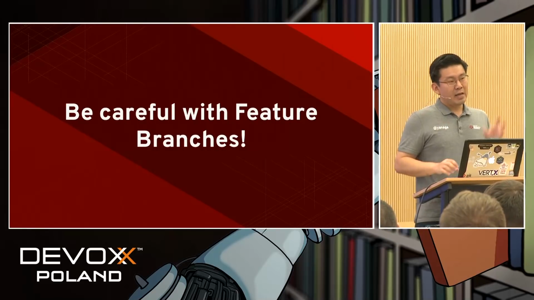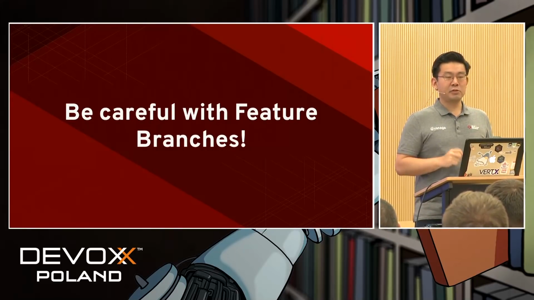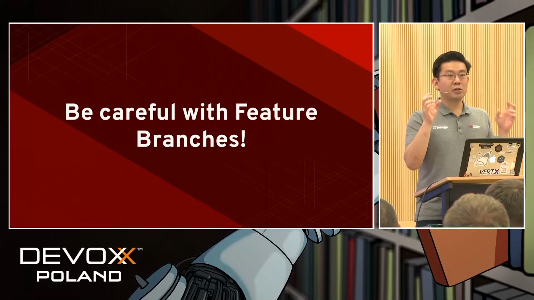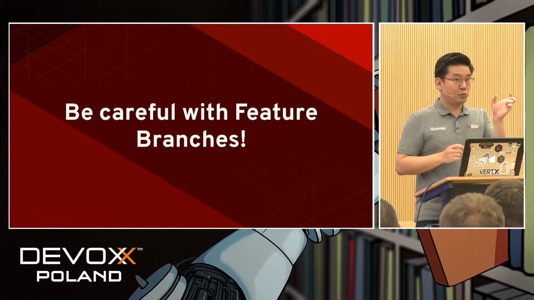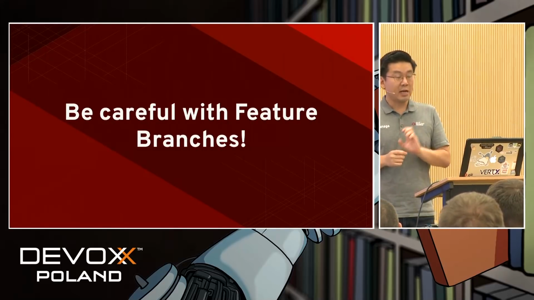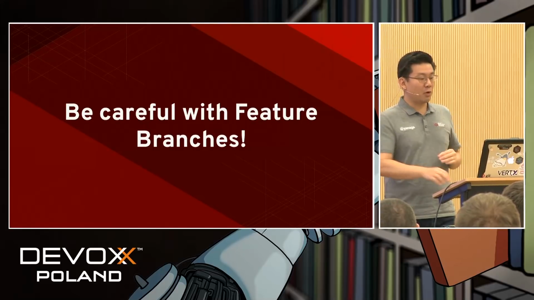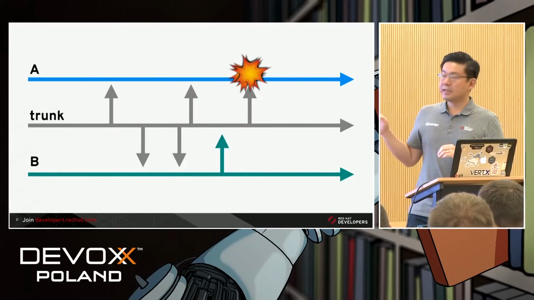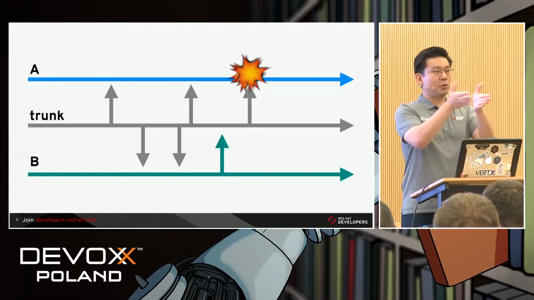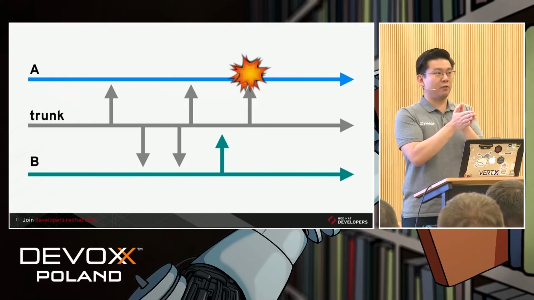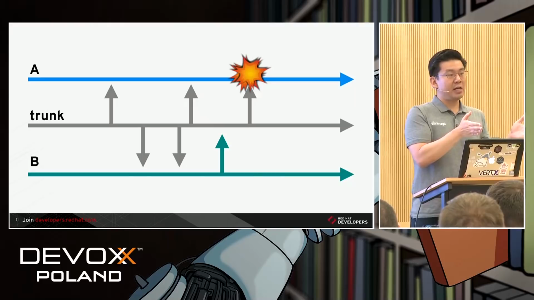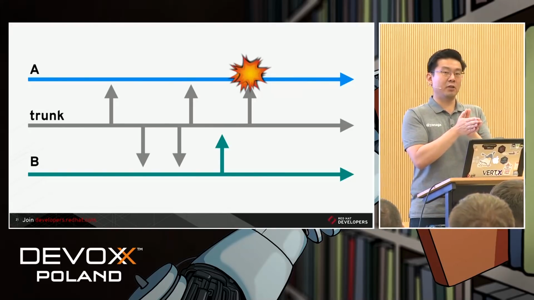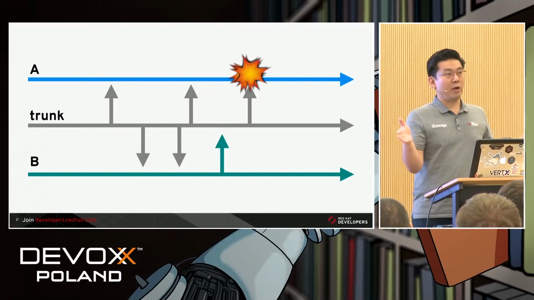And why is that? The reason for performing continuous delivery is we want to reduce the batch size between each one of your releases. But how does feature branch development work? Basically, I have a trunk, and suppose that I have a team working on feature A on this branch, and another team working on feature B on this branch.